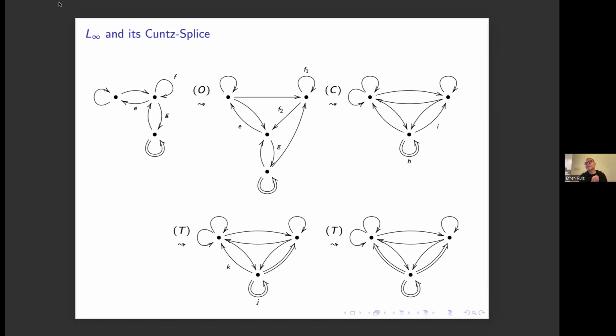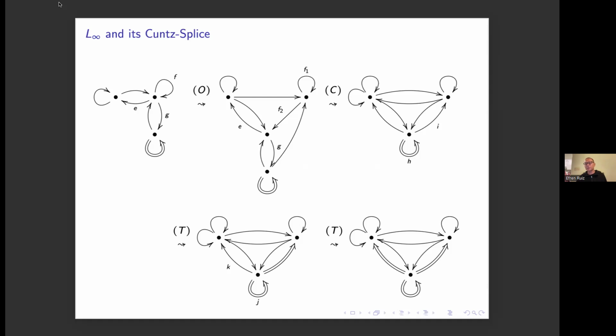I don't think so, right? I mean, you're saying if you have a graph E for which the Leavitt path algebra of E and its Cuntz-Splice are isomorphic, then the invariance of the Cuntz-Splice question is true.